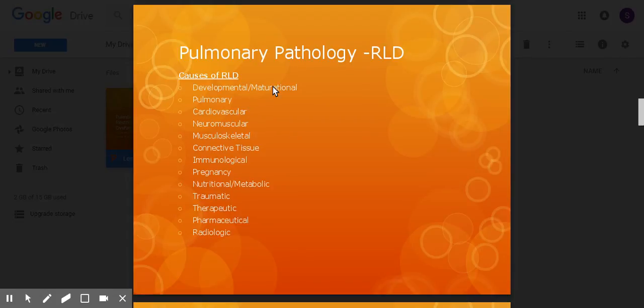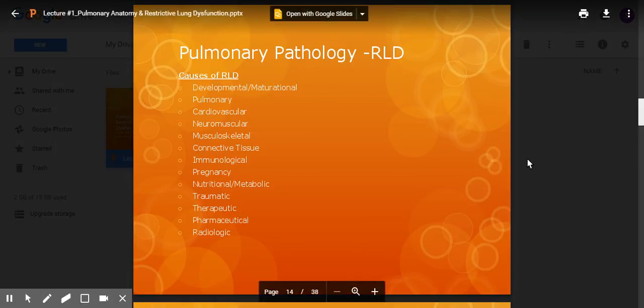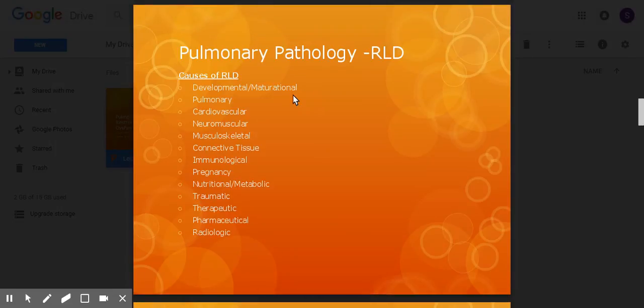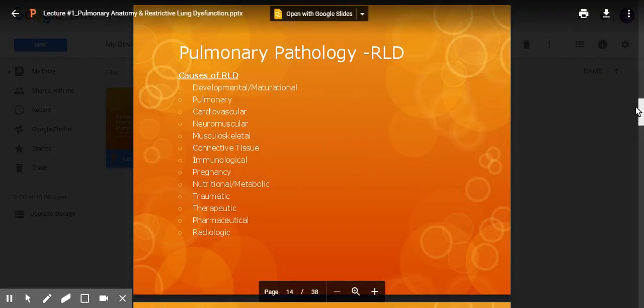This list includes developmental and maturational causes, pulmonary causes, cardiovascular, neuromuscular, musculoskeletal, connective tissue, immunological, pregnancy, nutritional/metabolic, traumatic, therapeutic, pharmaceutical, and radiologic. Again, this course is not intended to be a pathology course, but we will discuss many of these conditions very briefly and point out to you the causative factor related to each of these conditions that results in restrictive lung dysfunction.